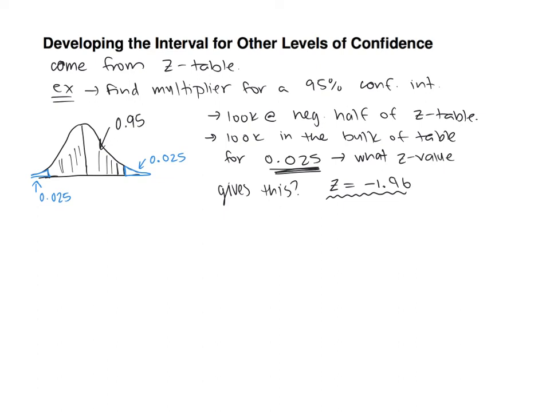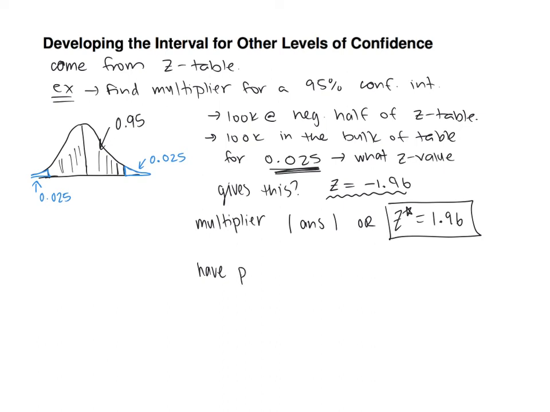And you can see there that to find the multiplier is the absolute value of the answer you just got. Or in this case, our Z star is 1.96. So what you do is you kind of reverse this. Instead of me giving you the Z and you finding the P, you have the P and you find the Z. That's the opposite direction of before.